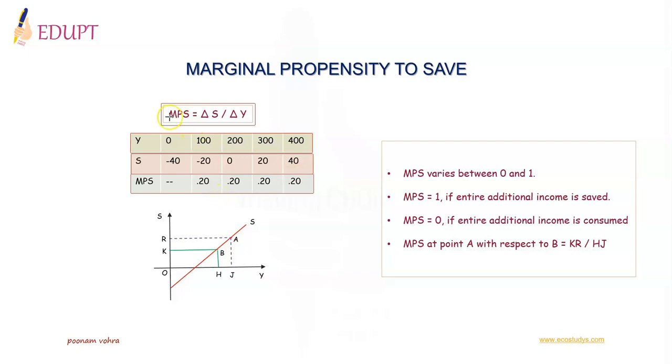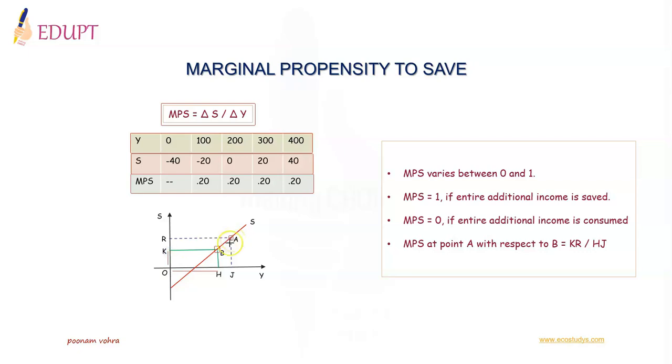One can find marginal propensity to save diagrammatically also. For that, you need to draw the savings curve and take any 2 points on the curve. Here 2 points taken are point B and point A. At point B, income is OH, savings OK.